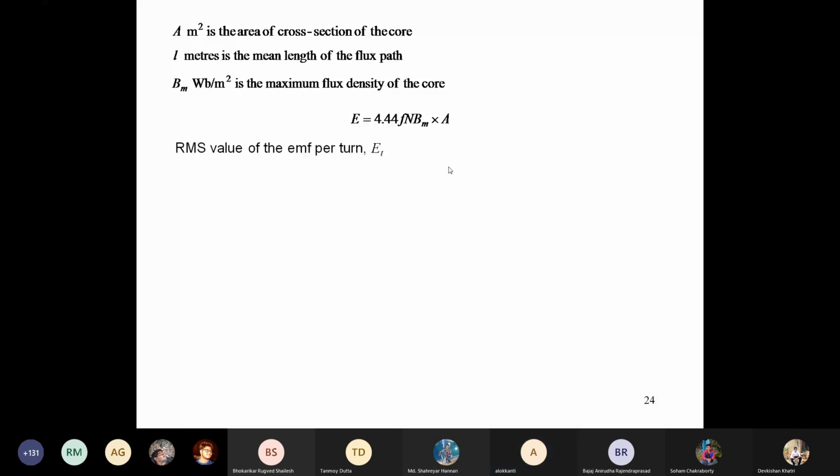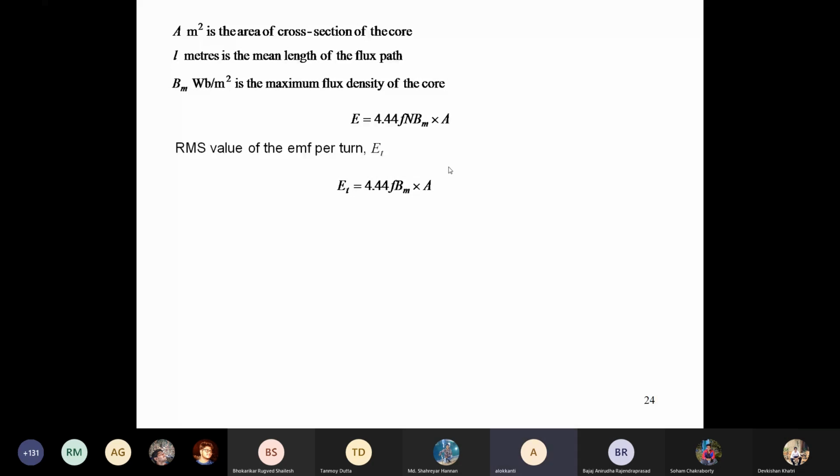If we remove N, it will be 4.44 F Bm A, B into A. So that is a very important thing. Sometimes, those of you who will be studying electrical engineering, there is a subject in which it may or may not be taught. But if you go to an electrical engineering industry, or if you become a designer of electrical systems, this is going to come again and again, EMF per turn. So it is basically constant.